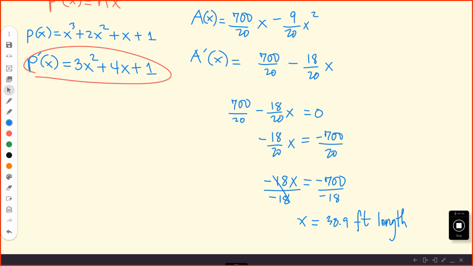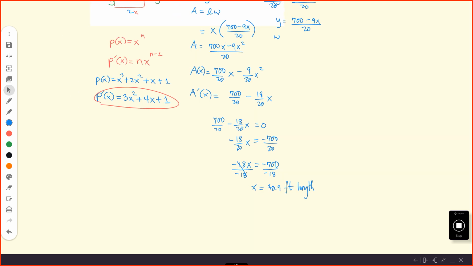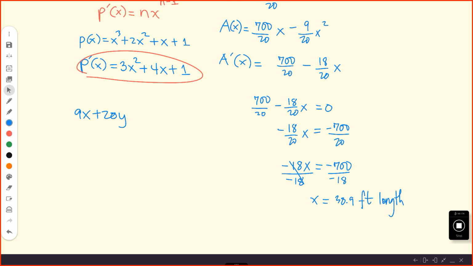We can just go back to the original equation, which is 9x plus 20y equals 700. And from there, just plug in this x to solve for y. So 9 times 38.9 plus 20y equals 700.